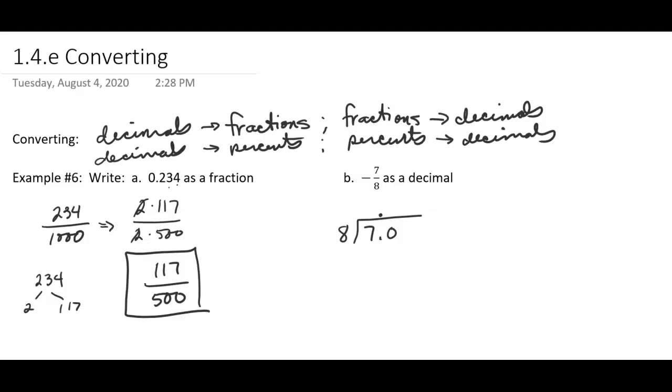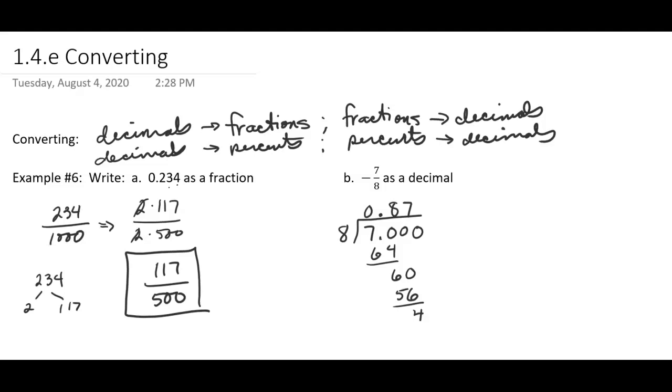Okay, how many times does 8 go into 70? 8 times. I'll put a 0 here just to remind myself to do that. 8 times 8 is 64. Subtract, add a 0. 8 goes into 60 7 times. This will eventually work out, because 8 is just factors of 2, so it might take us a minute. 7 times 8 is 56.